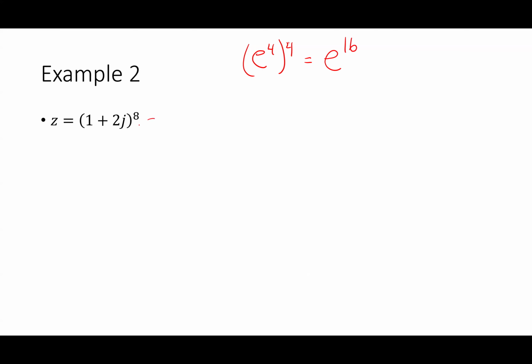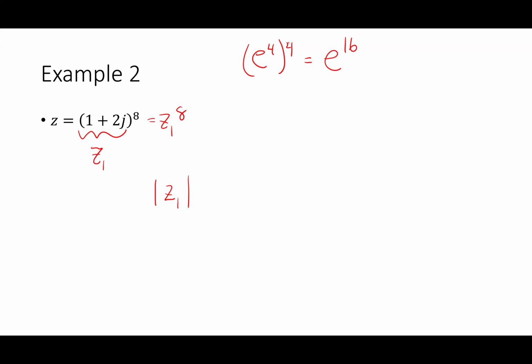So what am I doing here? I'm saying, well, I want to figure out what this guy is. So 1 plus 2j, I want to get that into the polar or the Euler form, right? So 1 plus 2j, let's call that z1. So this guy is z1 to the 8th power. What's the magnitude of z1 and what's the angle of z1?